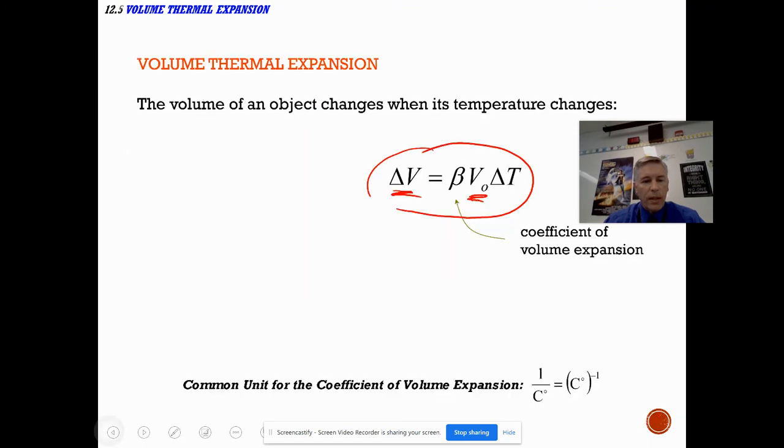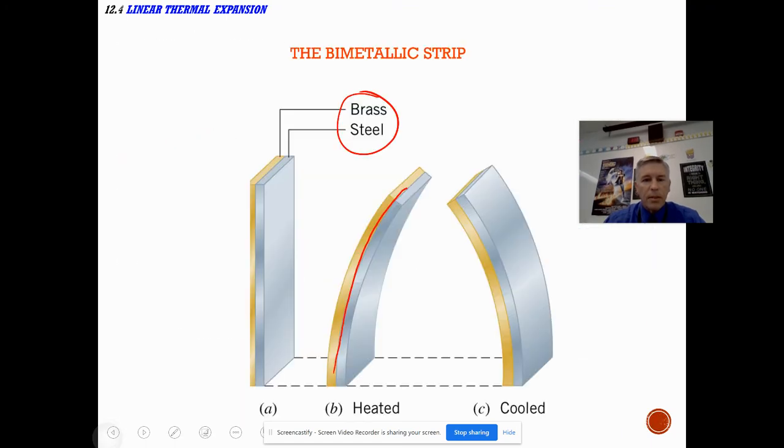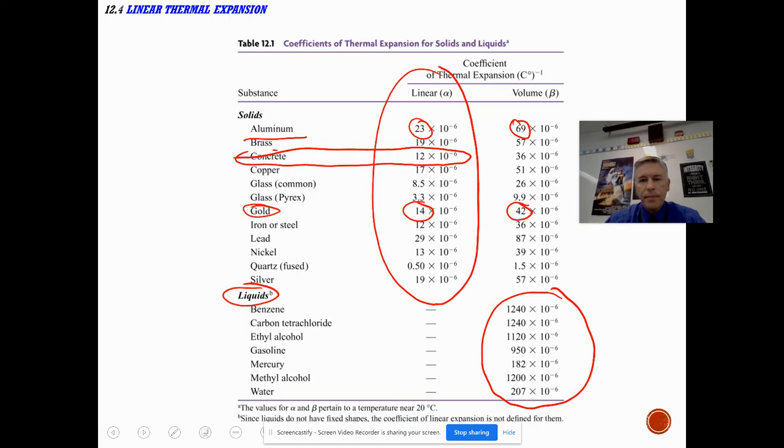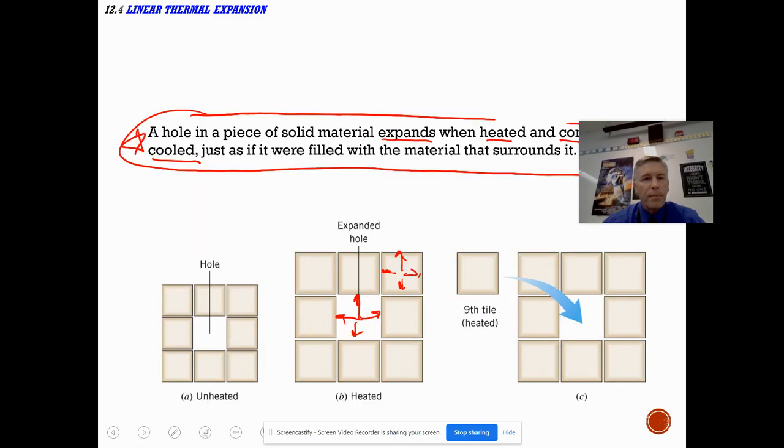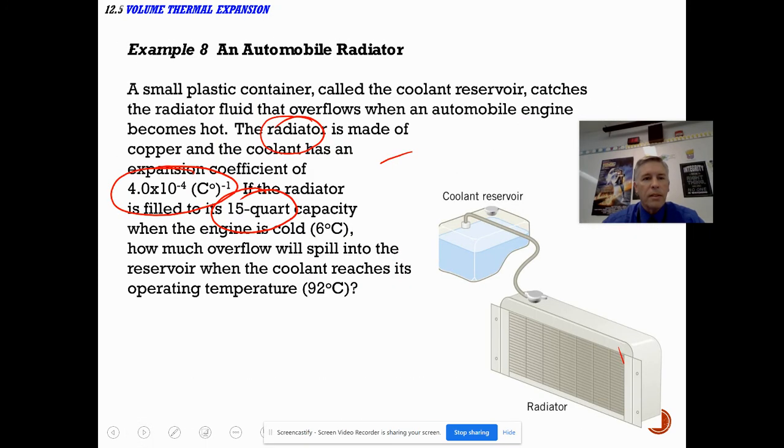So this 51 that they got must have come from right here. Oh, they actually have it as copper, that the radiator was made out of copper. Does it say copper in the problem? I should probably check. The radiator is made out of copper. Yep. So that's where that 51 came from.